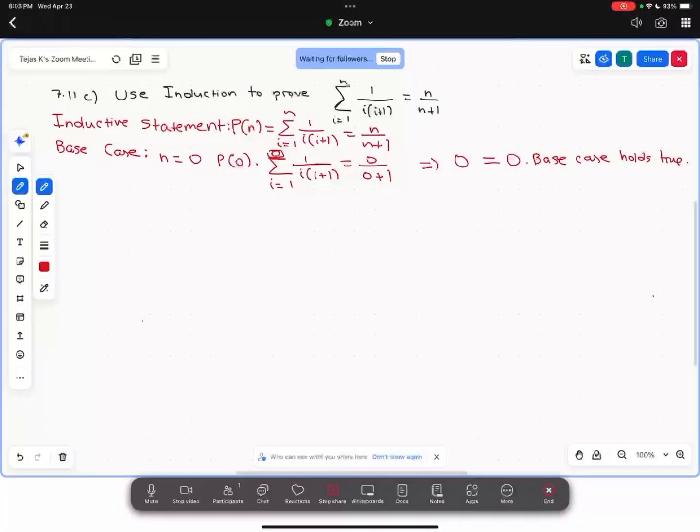So now, we've proved that our base case holds true. Let's move on to the inductive hypothesis. This is our next step. We take arbitrary k that belongs to the natural numbers, and we assume P of k is true.